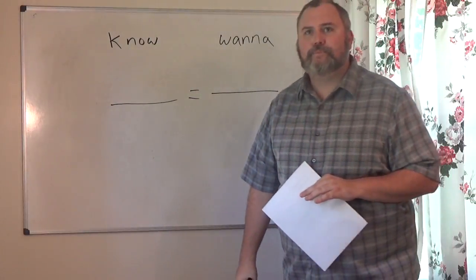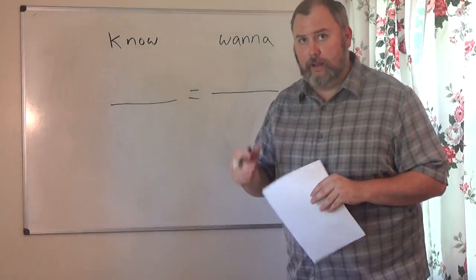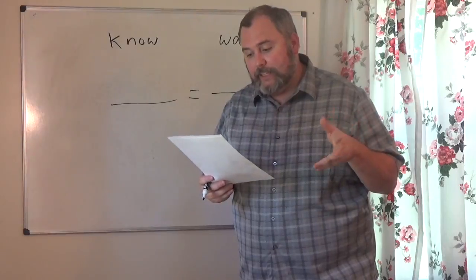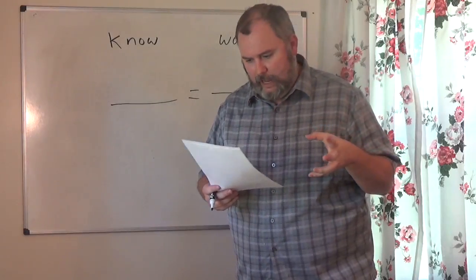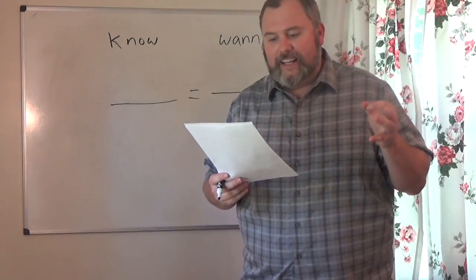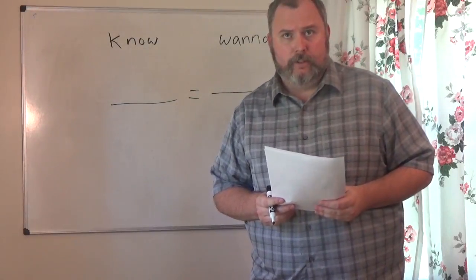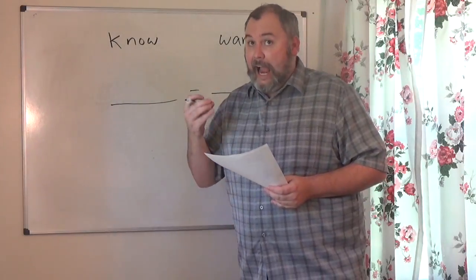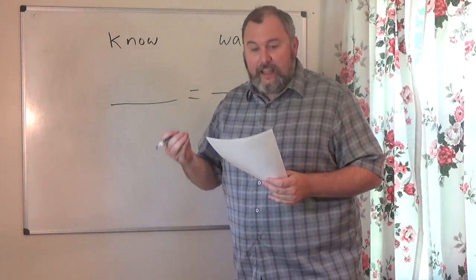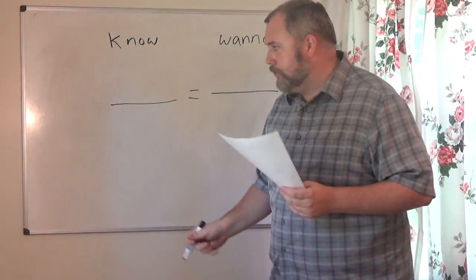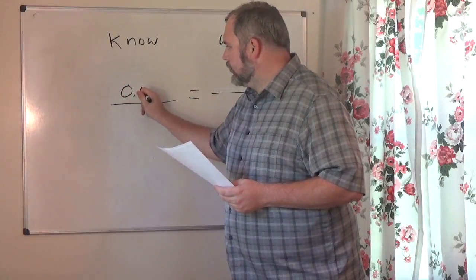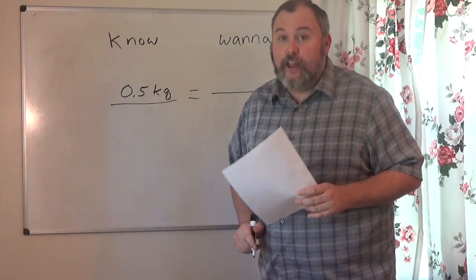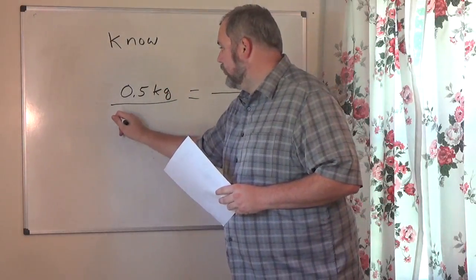Now let's go through this first problem together. It says one small 0.5 kilogram package of cheese contains 5,000 calories. How many calories are contained in a 12 kilogram package? What do I know? I know that 0.5 kilograms has 5,000 calories.